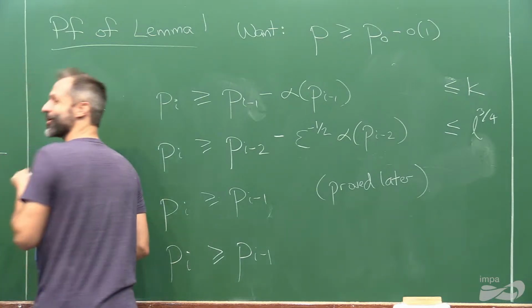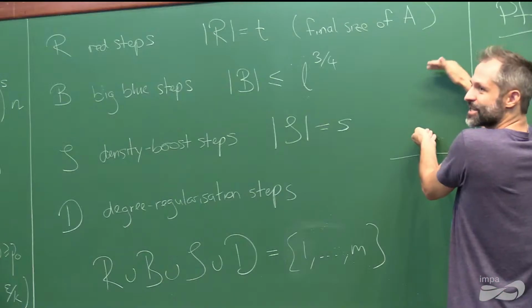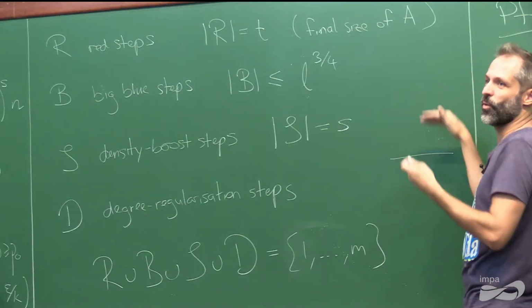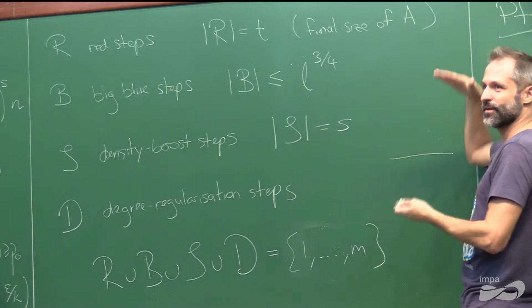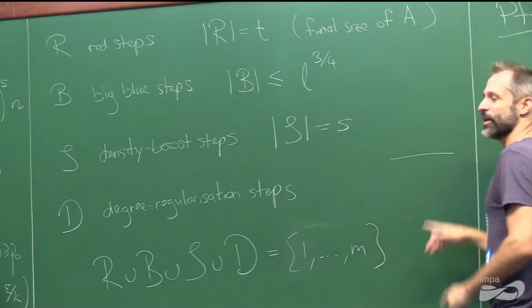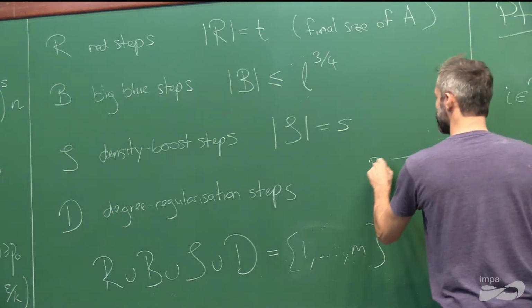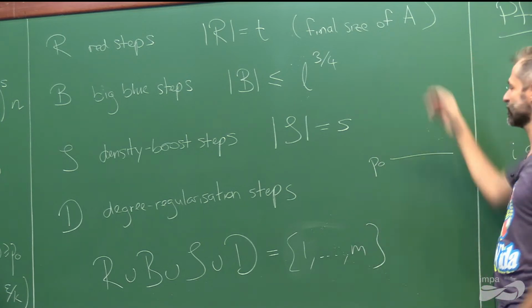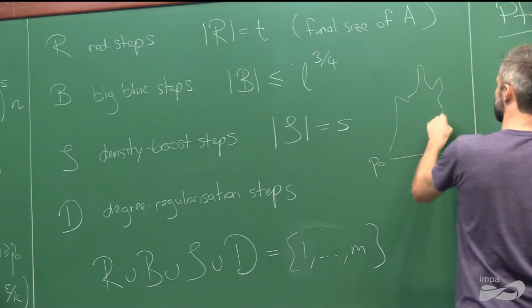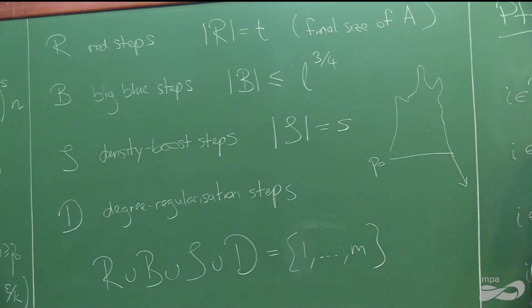One comment is that as the step size gets bigger, we shouldn't count it as more. We should count it according to some sort of logarithmic scale. We'll come back to that in a second. But for this question specifically, even more important, we just don't care what happens above P0. It can do whatever it likes up here. It's only when it gets below P0 that we're worried it's going to go down.